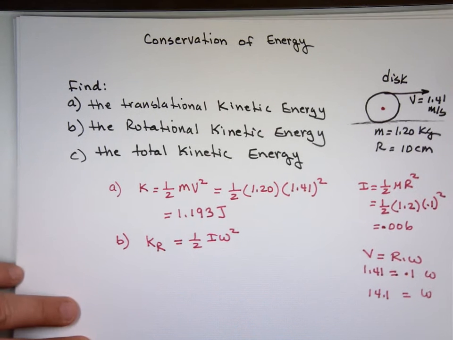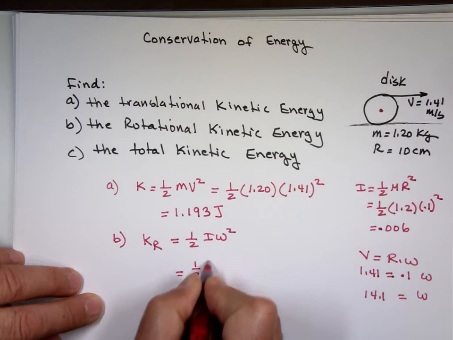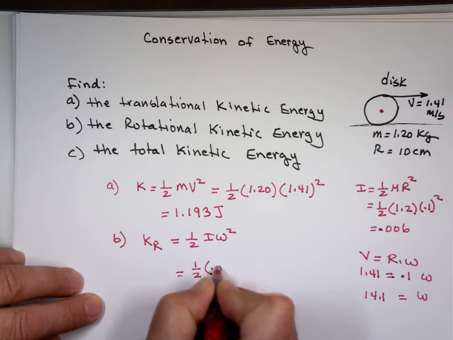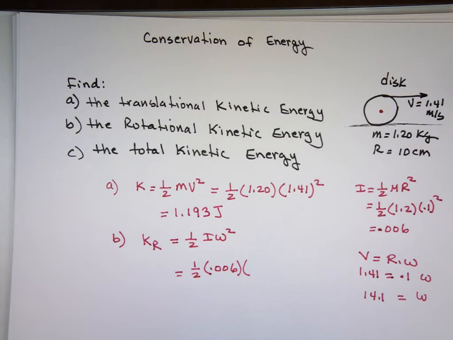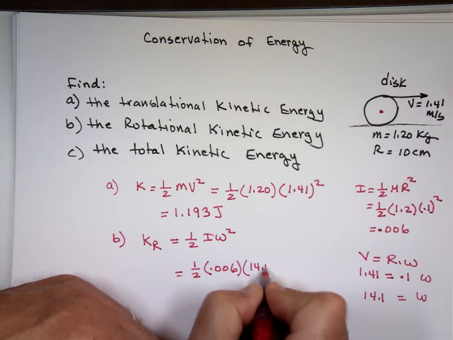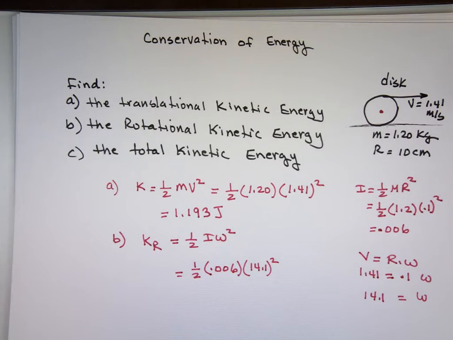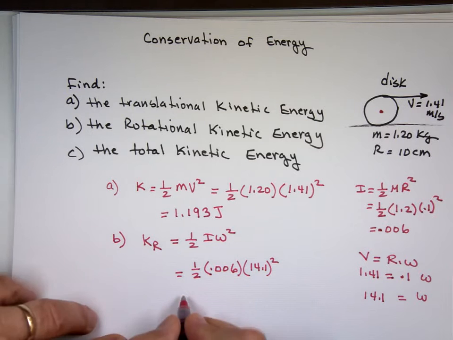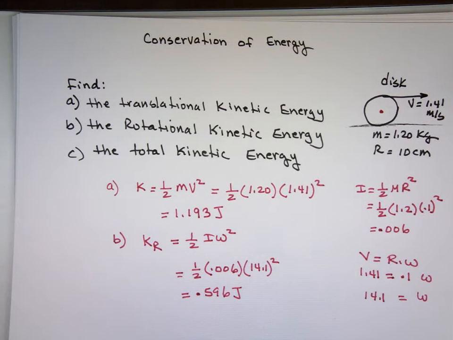So once I have these two pieces, can I calculate the rotational kinetic energy? 1/2 I, 0.006, and w squared, that's 14.1 squared, and for that we get 0.6 joules roughly, or 0.596 joules if you want to carry 3 decimal places.